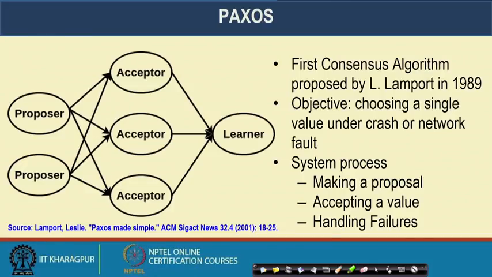So, the idea behind Paxos is pretty simple. I am just giving you one example. In IIT Kharagpur, we have broadly two options where students can go after a class: we have a Subway and we have a CCD. After the class, the students can collectively decide that all of them want to go to either Subway or CCD.